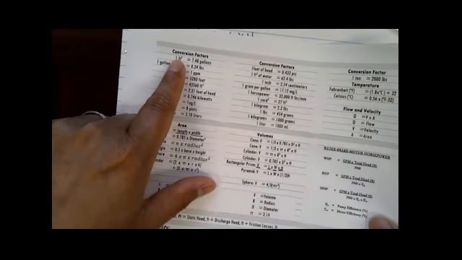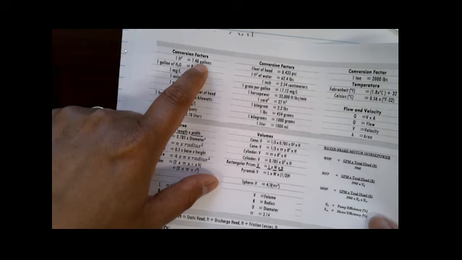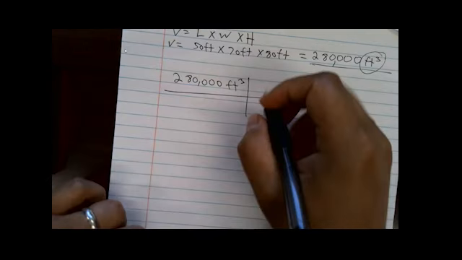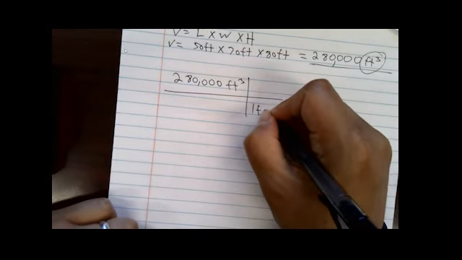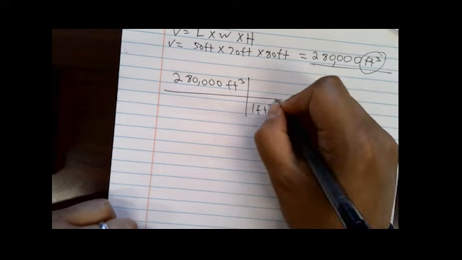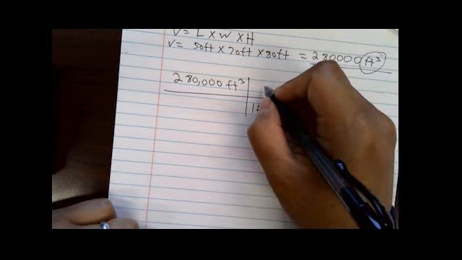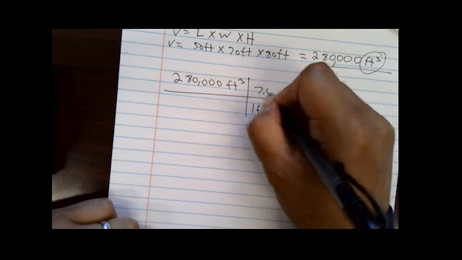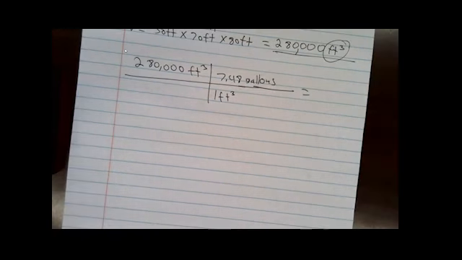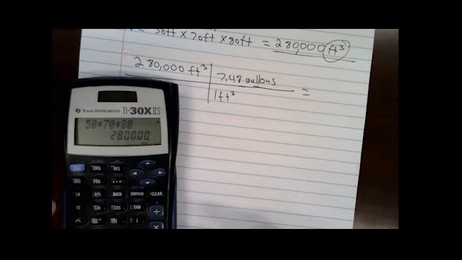We know that 1 cubic foot is equal to 7.48 gallons. That's what we're going to use. And again, we want to arrange the conversion factor in a way that units cancel out. So 1 cubic foot equal to 7.48 gallons. We multiply by everything in the top and divide by the multiplication of everything in the bottom, right?